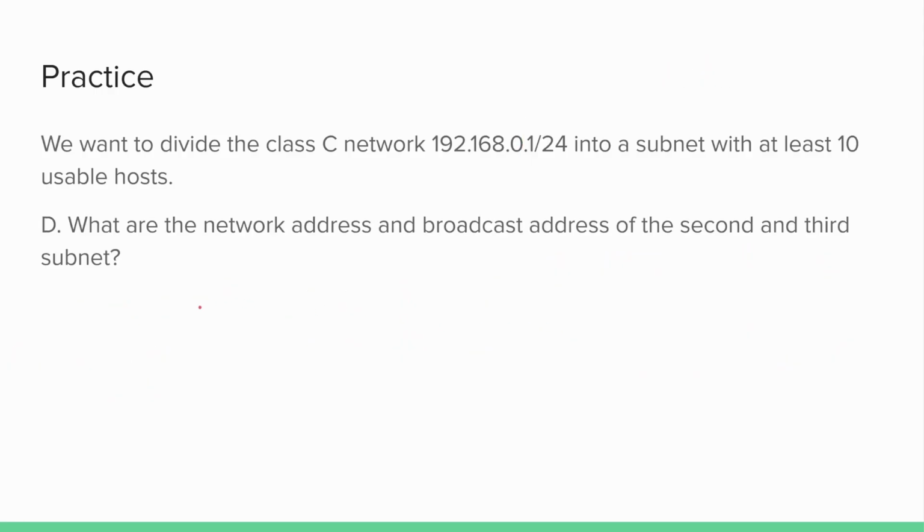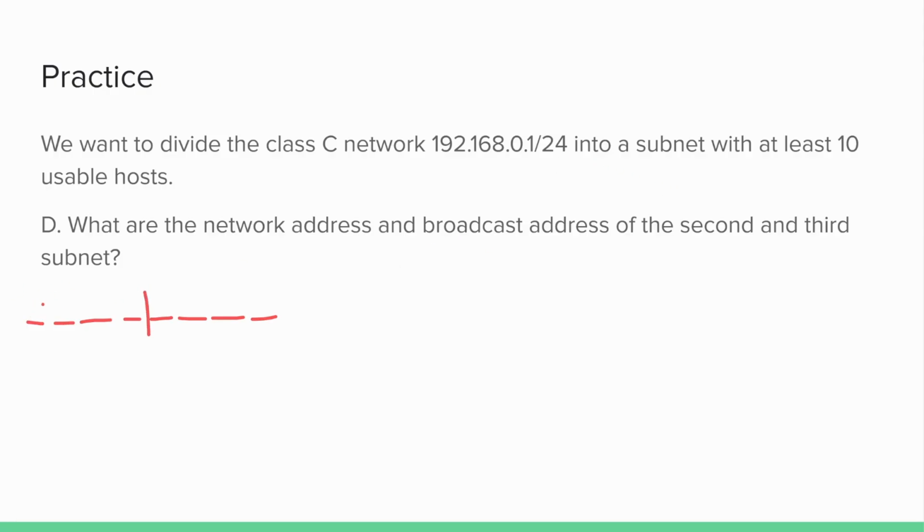So part D, our final part, wants us to find the network address and broadcast address of the second and third subnet. So there's two ways we could go about this. The first one would just be to write out the addresses, right? We know there's 4 host bits and 4 network bits in this final octet here, right?